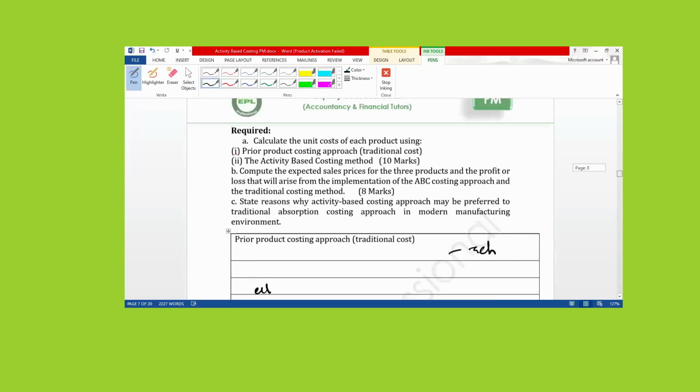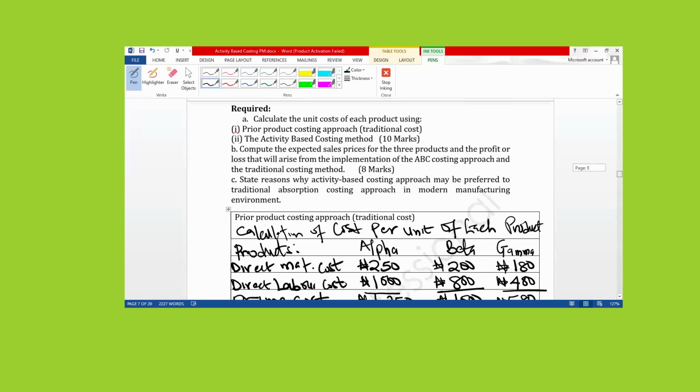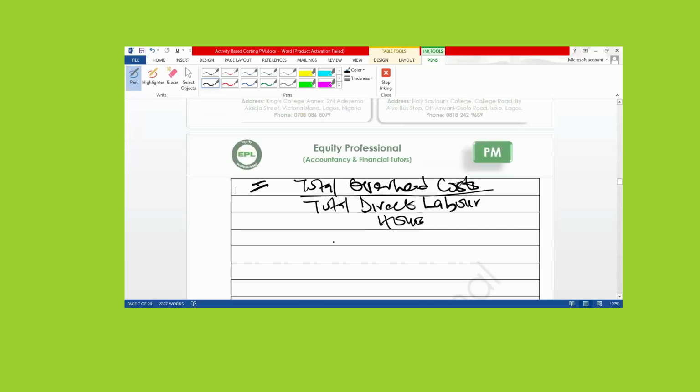Return here. Total overhead 70 million. Total labor hours 320,000. This gives an absorption rate of 53.125. The absorption rate per labor hour.